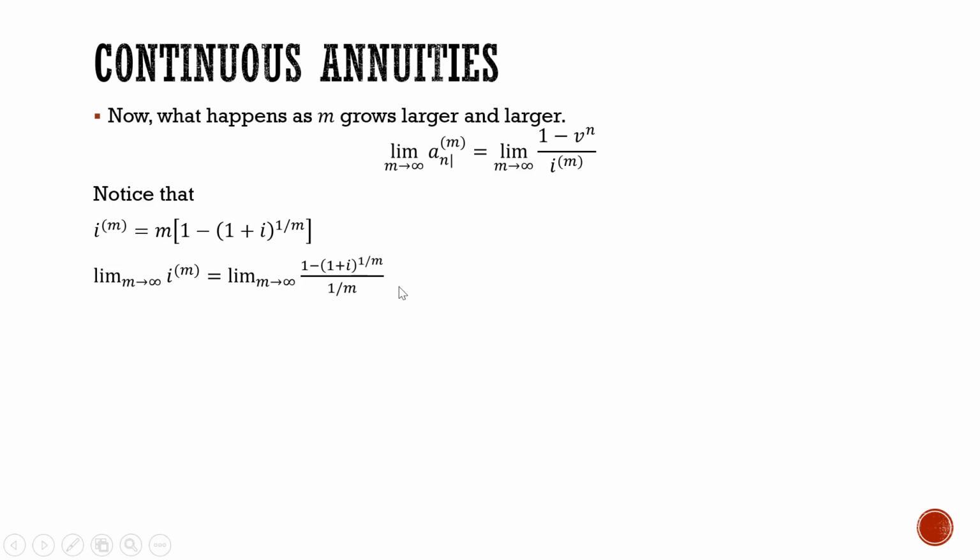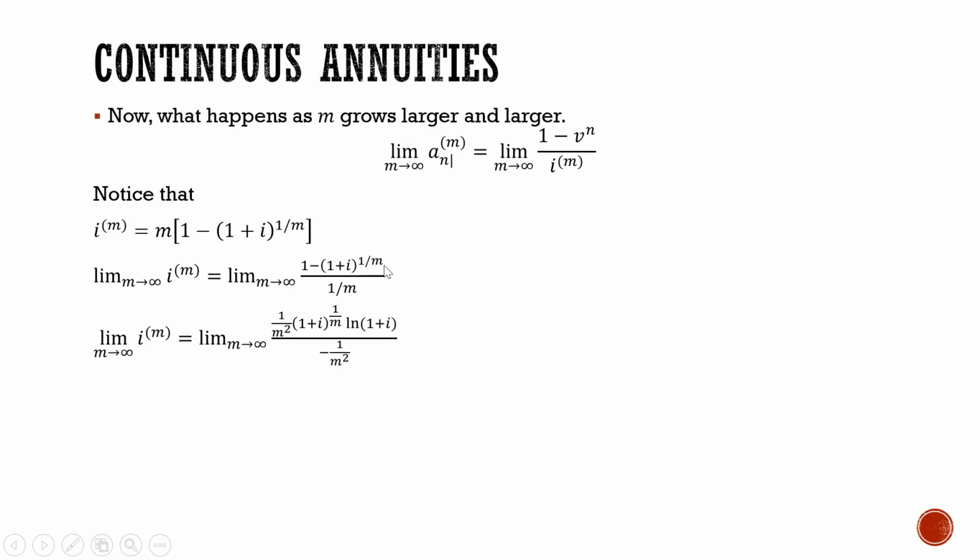This limit is quite complicated, so we are going to use L'Hopital's rule to solve it. The limit of i to the top script m as m goes to infinity is the limit as m goes to infinity of, on the top, when we differentiate, the derivative of a to the u is a to the u natural log of a times u prime.